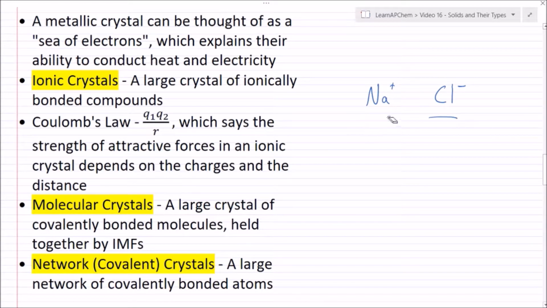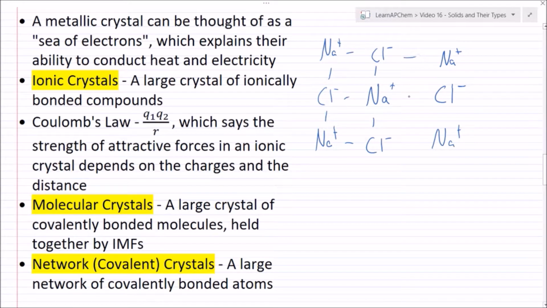Opposites attract. Well, in an ionic crystal, there's not just two, there's a bunch of them. And so you form this network, like so, where all of these are attracted to each other, and it forms this pattern.